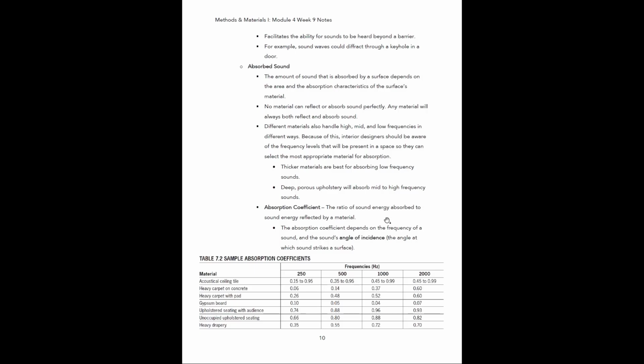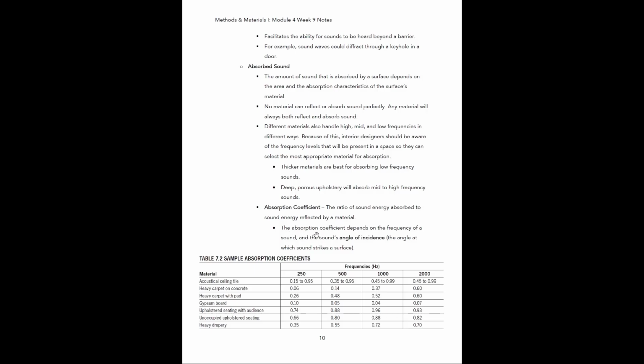And then lastly, the absorption coefficient. This is the way we measure how absorptive a material is, how good it is at controlling acoustics. It is the ratio of sound energy absorbed to sound energy reflected by a material. So how much sound is that material trapping in versus how much is it reflecting back into the space.